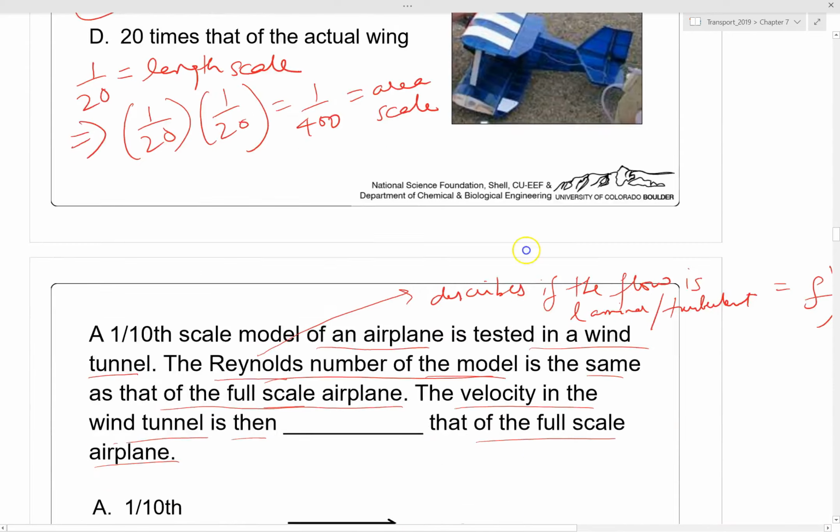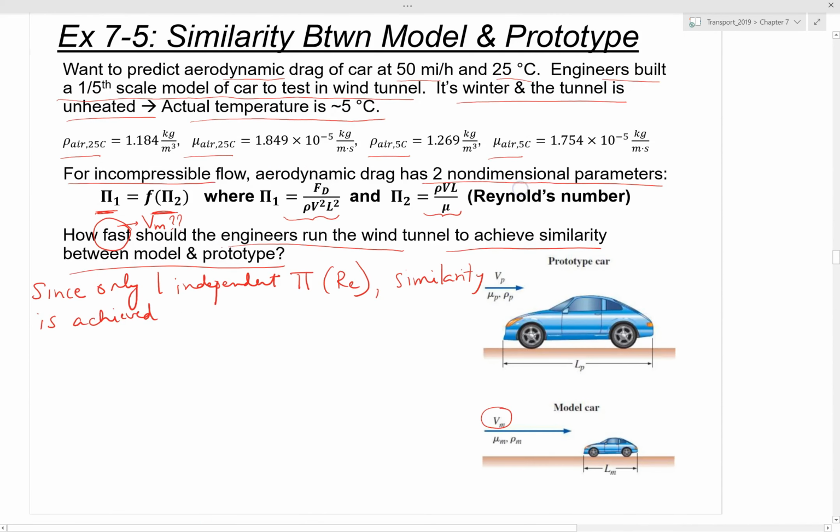So since there is only one here, one independent pi, similarity is achieved if pi 2 m is same as pi 2 prototype.